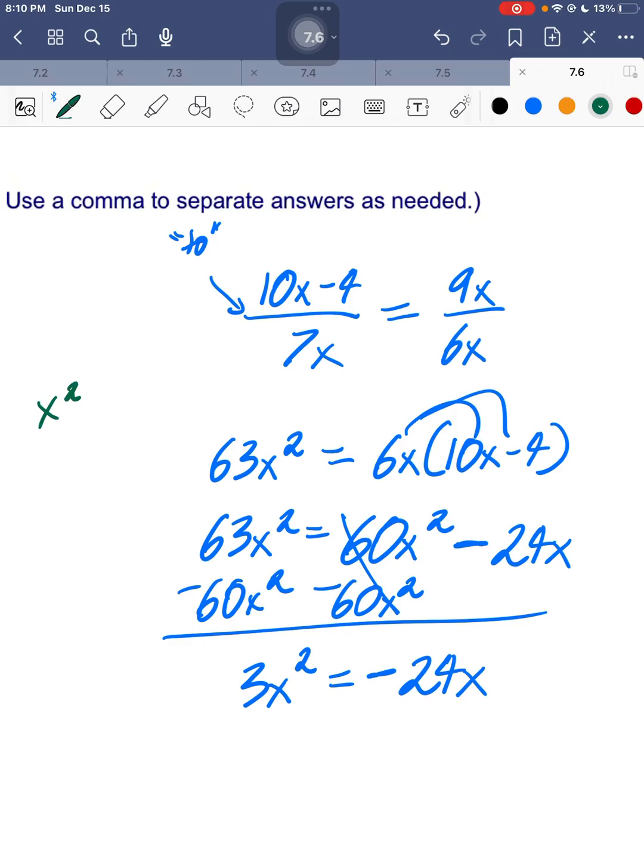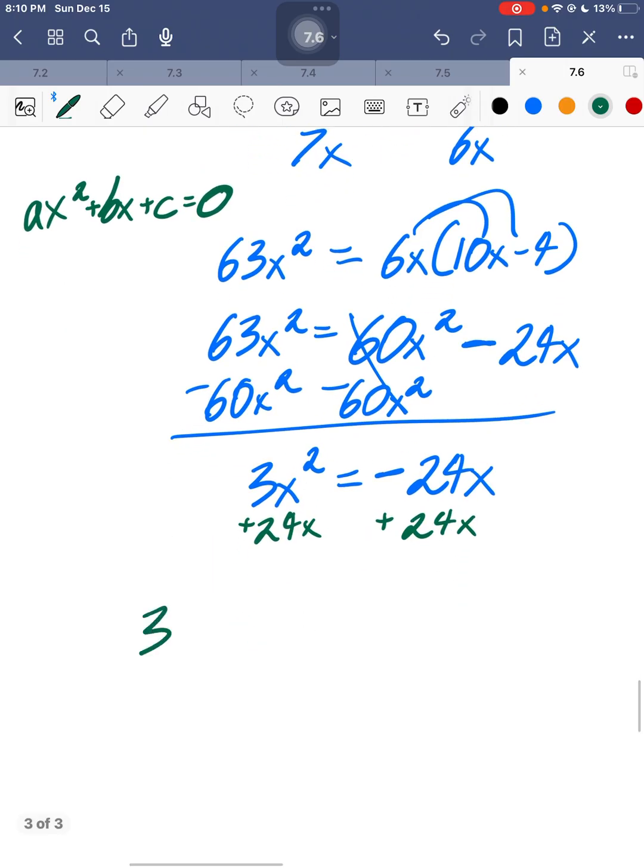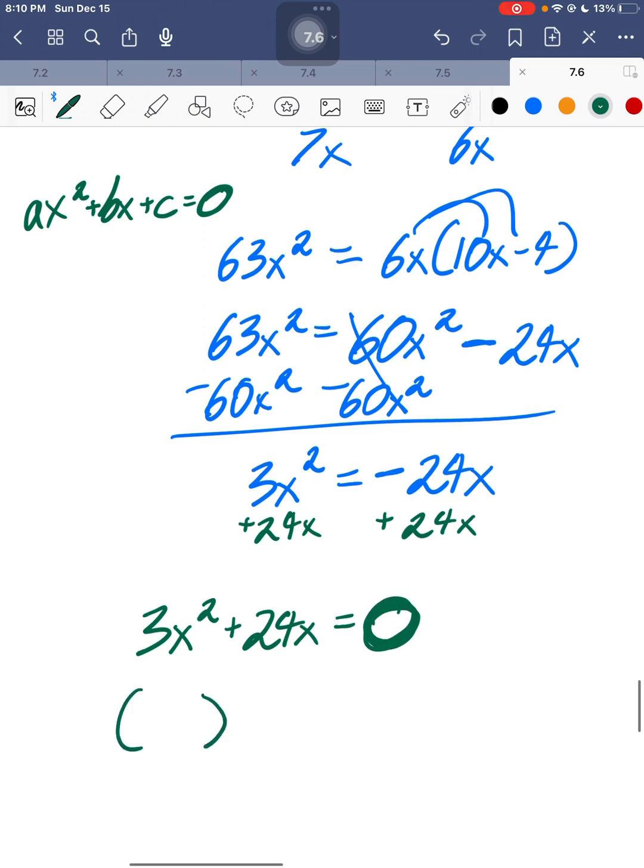It's still ax squared plus bx plus c equals 0, except that my c is 0. So I'm going to put this on one side and set it equal to 0. So 3x squared plus 24x equals 0.